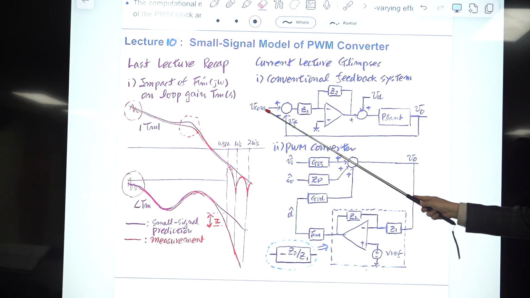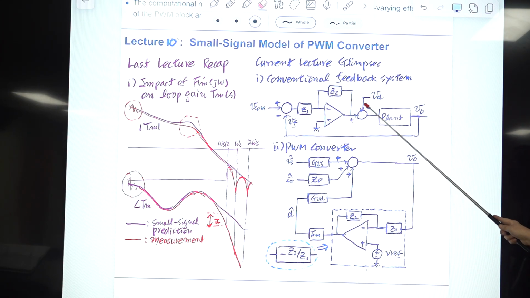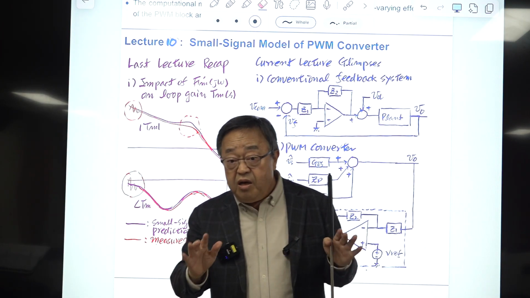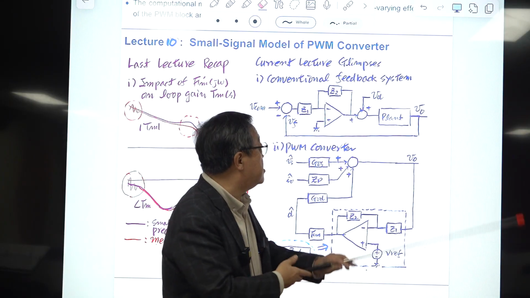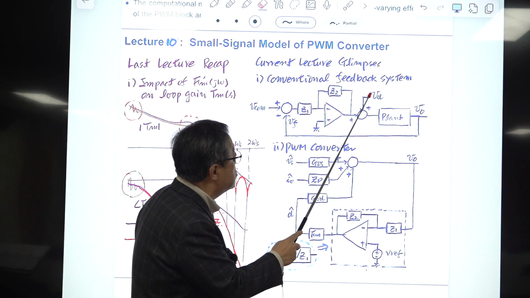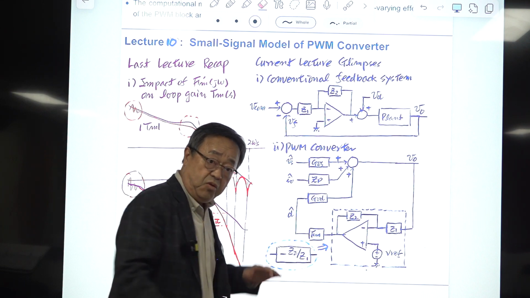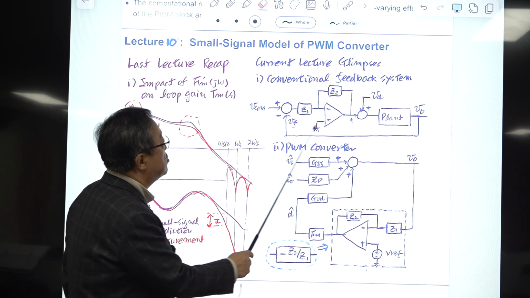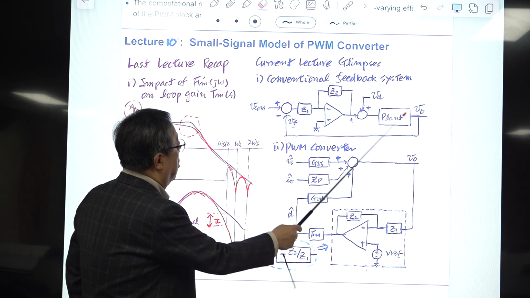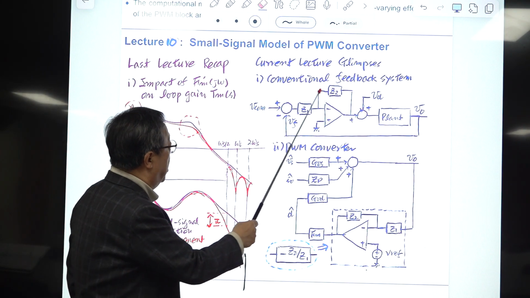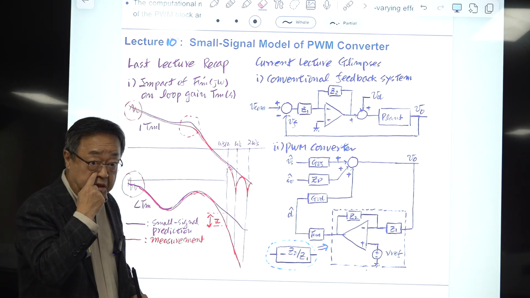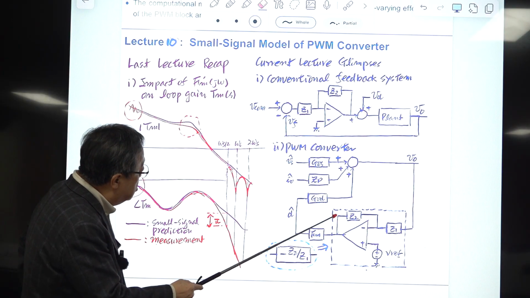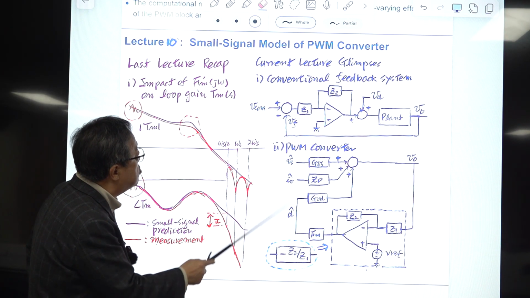And this is some perturbation. Maybe you are driving a car and there is an uphill, then the torque will be increased. This can be a step increase in torque, something like that. This is the conventional feedback block diagram of the system. You have seen this many times in control books. When I was studying power electronics, I saw this, and it looks different.